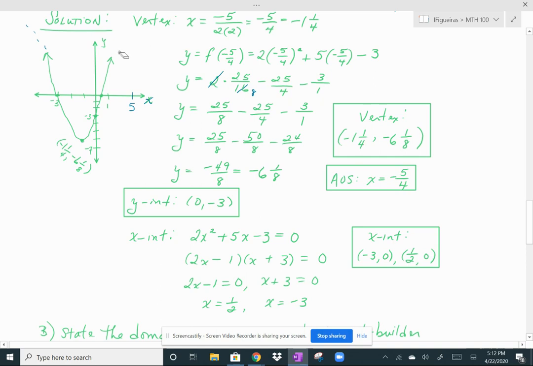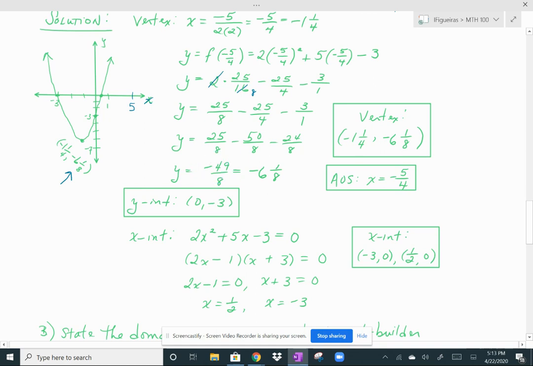So parabolas in general will always have a domain of all real numbers, but your range will always have a restriction, and the range will depend on the direction that the parabola is going in, up or down, and the vertex. With range, you read the y values. If you read the y values from bottom to top, my lowest y value is negative 6 1/8, which, if you recall, is the same as negative 49/8.